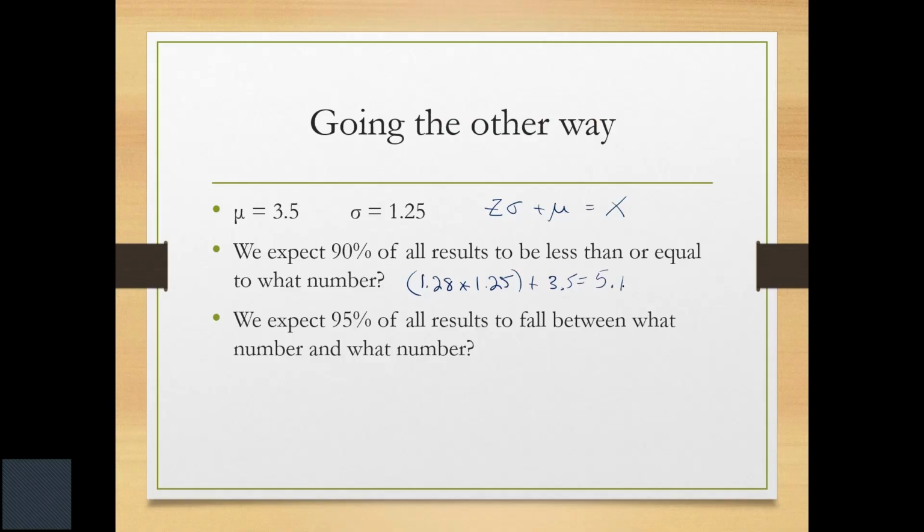And we expect 95% of the results to fall between what and what? So now we have to do two calculations here. We have negative 1.96 times 1.25 plus 3.5, and then positive 1.96 times 1.25 plus 3.5. On the low end, we have 1.05, and on the high end, we have 5.95.